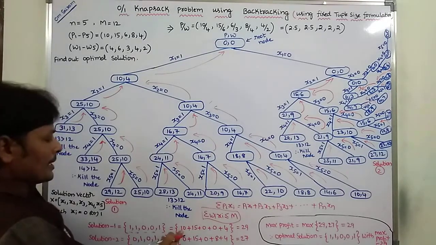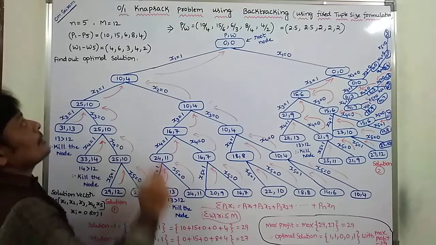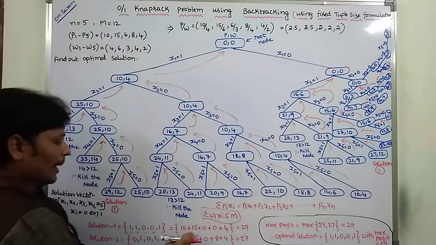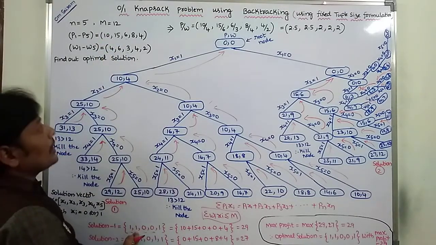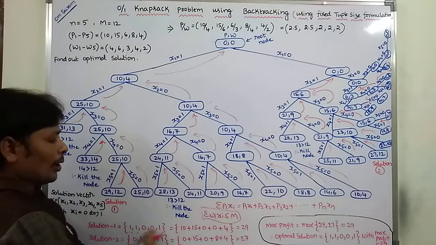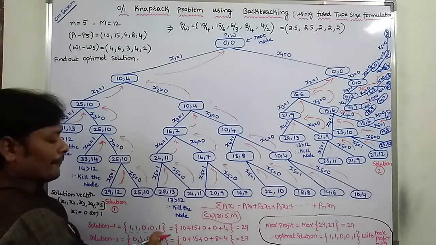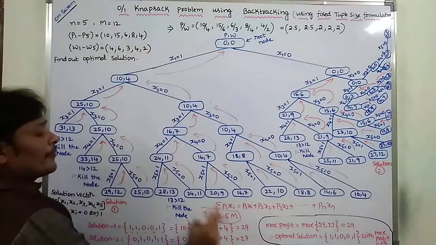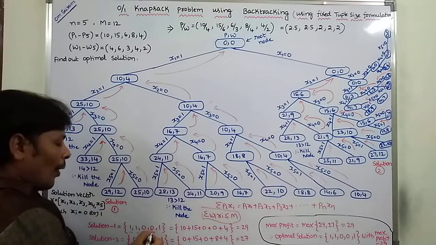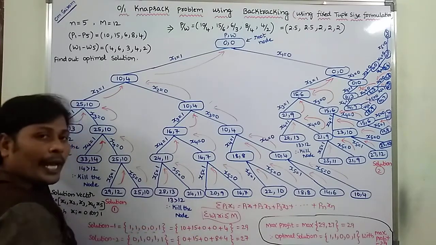So here first object, we are considering the first object. First object profit is 10 plus second object is also considered. Second object profit is 15 plus third object is not considered. Fourth object is not considered. Fifth object is considered. That profit becomes 4. Whatever the objects that we consider, those object profits we have to write.